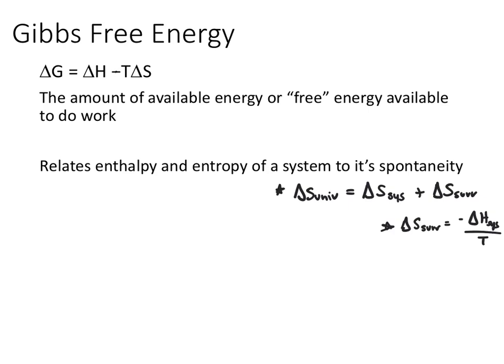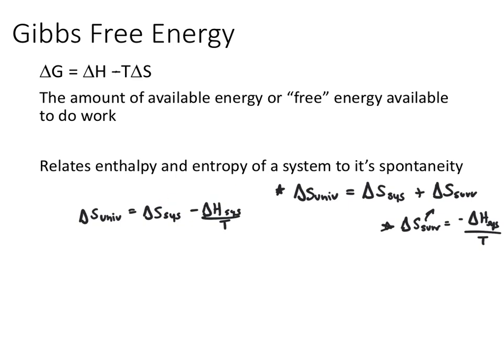Okay, so by plugging in our delta S of the surroundings variable, we can now get the following equation. With this equation, we now see that the delta S of the universe is being defined relative to both the enthalpy and entropy values of the system.